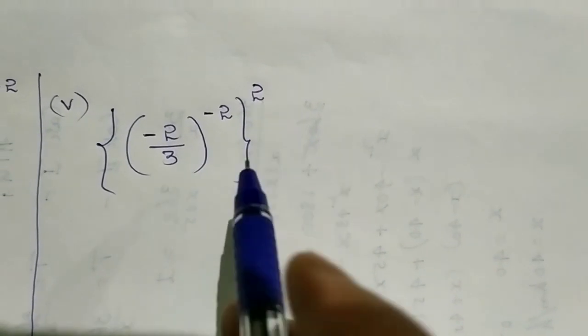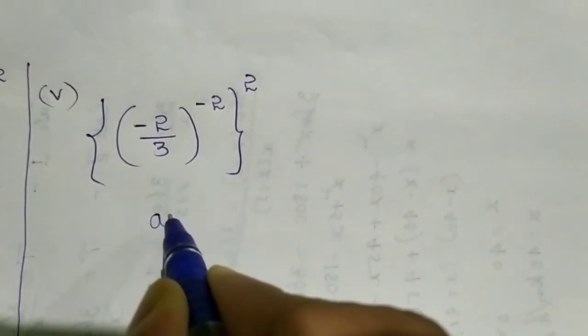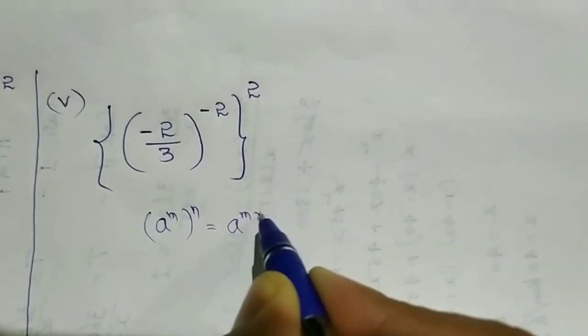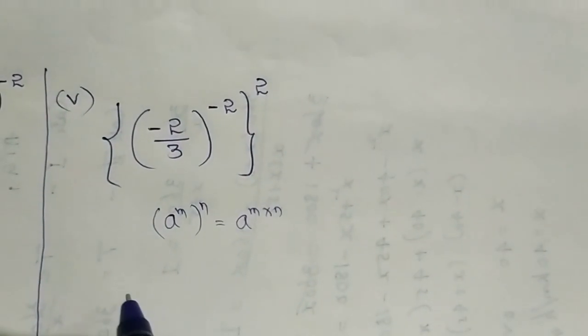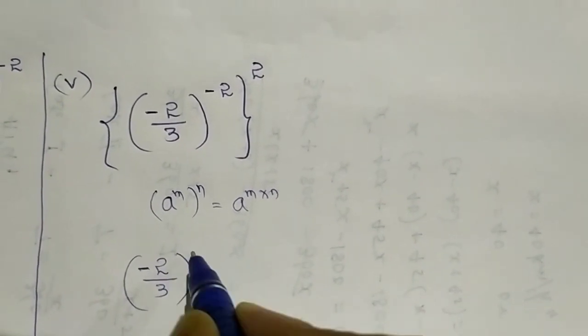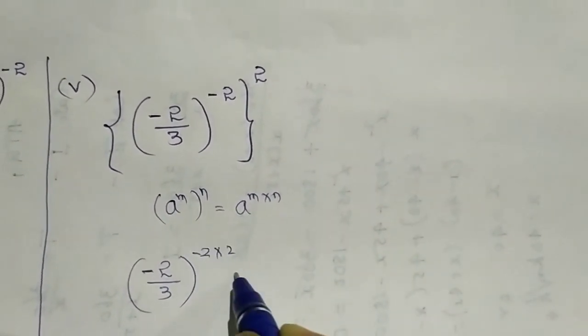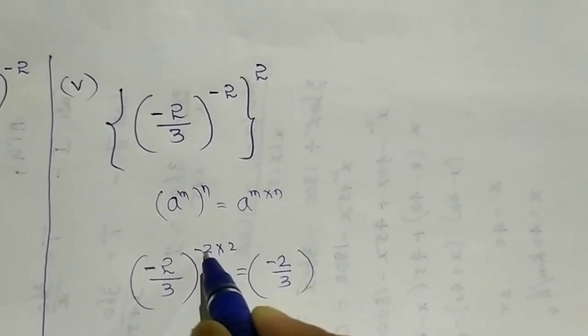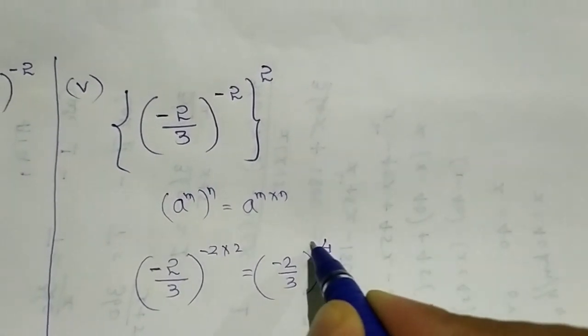Now in the fifth question, minus 2 by 3 whole power minus 2, whole square is there. We have the identity a power m whole power n gives us a power m into n. Using that, here we will get minus 2 by 3 power minus 2 into 2. 2 into 2 will be 4, so minus 4.